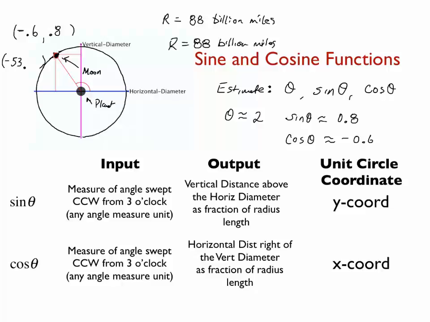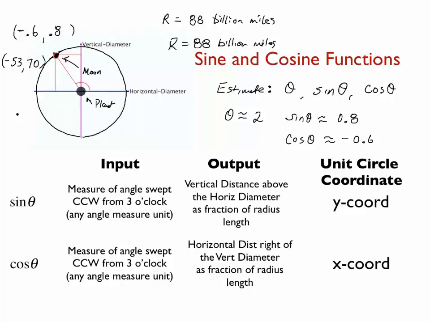Negative 53. These are estimates. So in billions of miles, it's negative 53, or 53 to the left. And what's 0.8 times 88 billion? 70? 70 billion miles up.